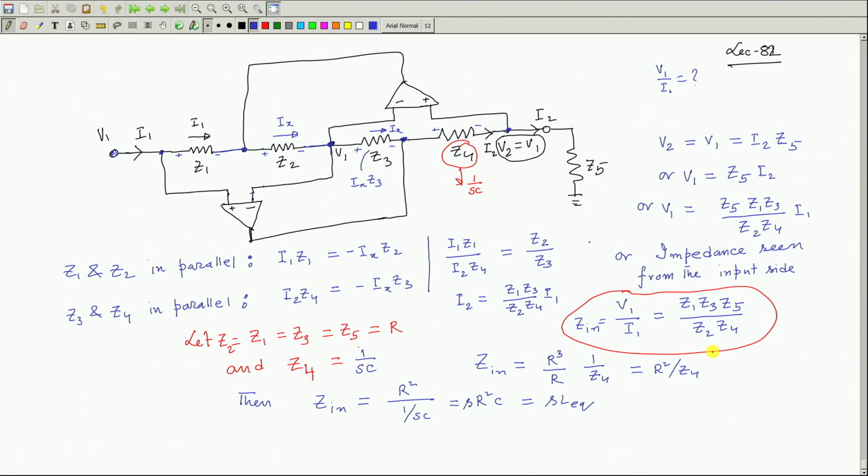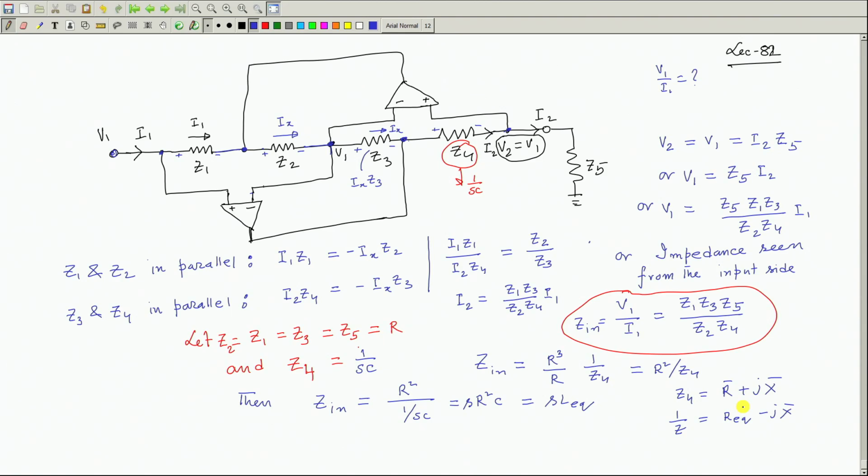In general, if Z4 is R bar plus j X bar, then 1 over Z4 will ultimately be some R equivalent minus j X equivalent. Therefore, this sort of circuit can be used.